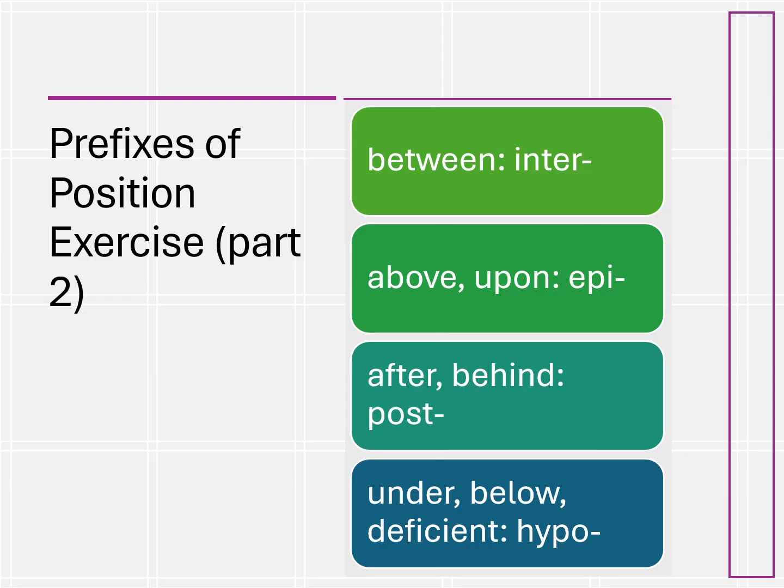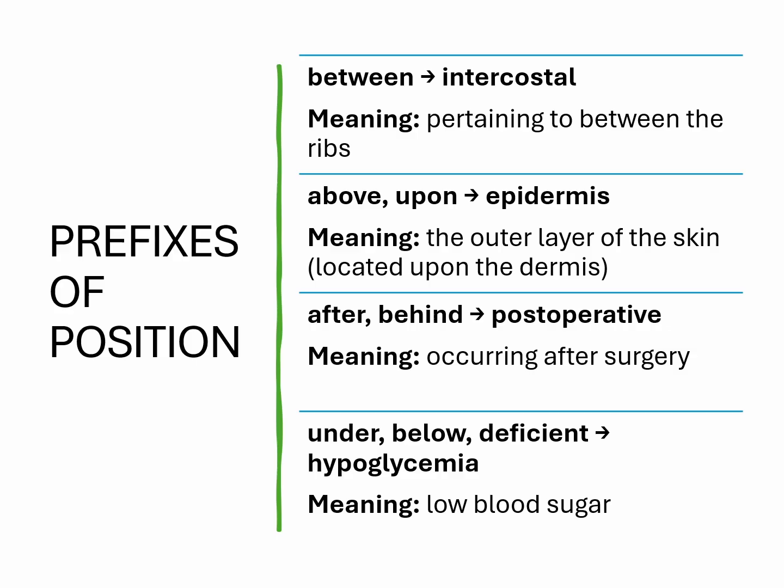So between is inter, above or upon is epi, after or behind is post, and under, below, or deficient is hypo. So for example, between, we'll use the word intercostal, which means pertaining to between ribs.